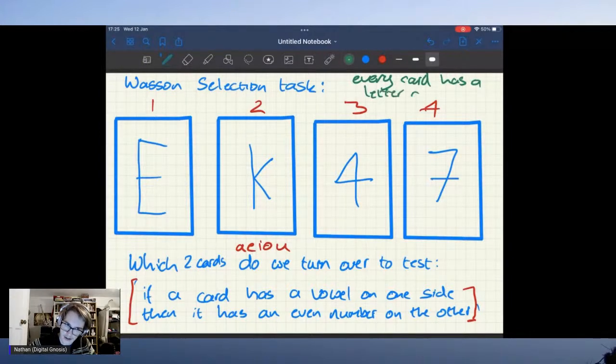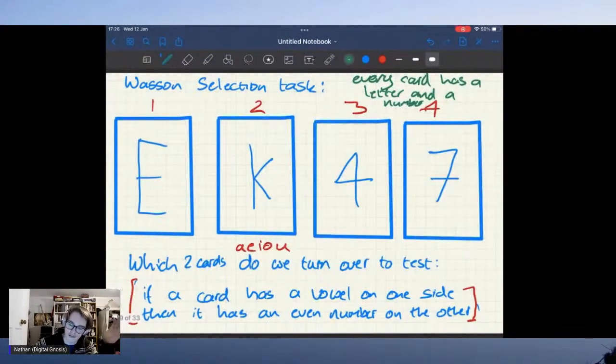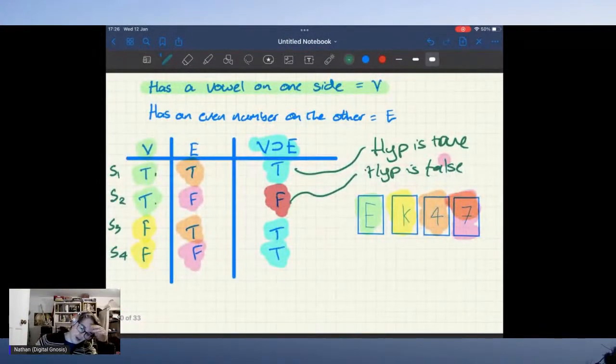So you're not going to turn it over and just have a color or a picture of an elephant or something like that.